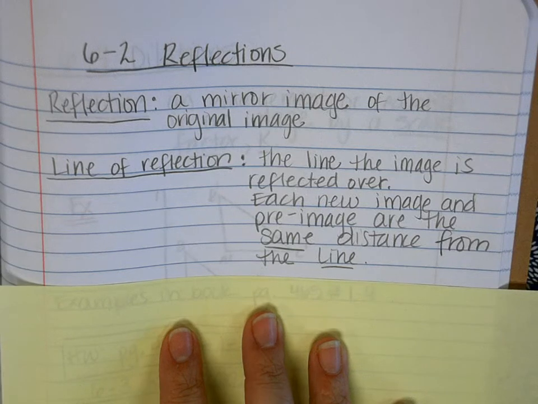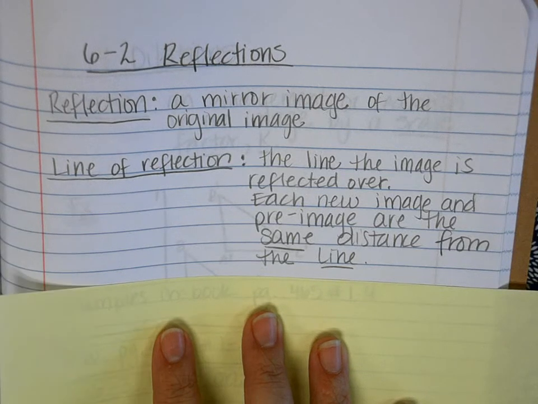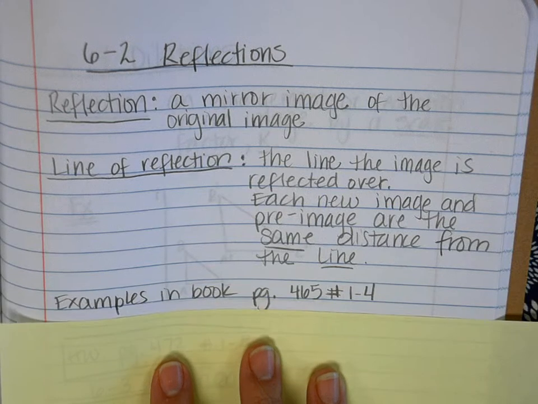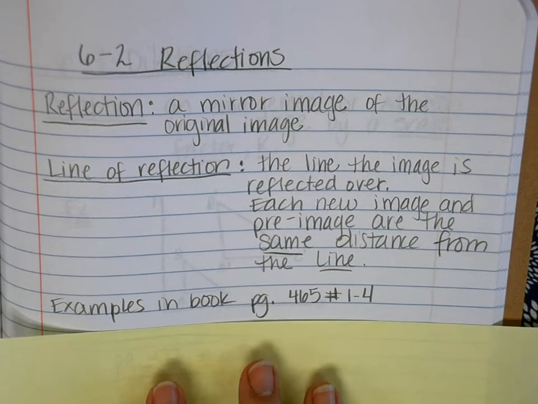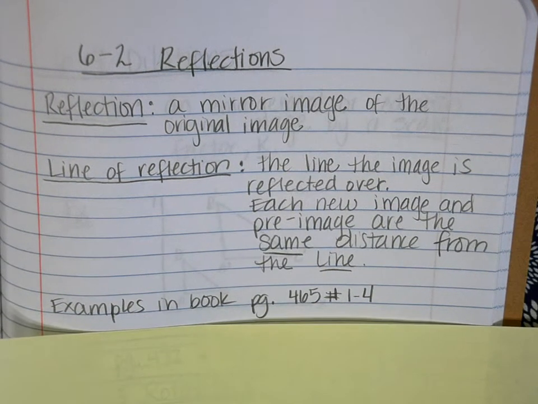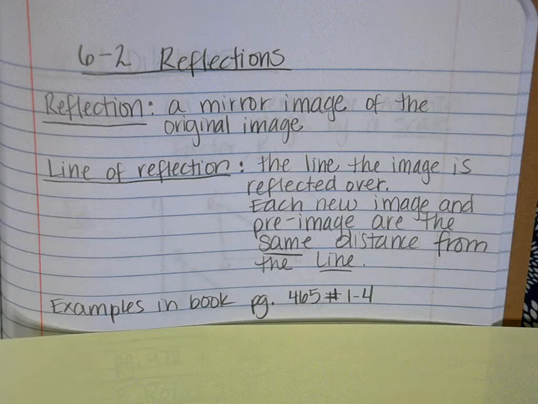Okay, so what we're going to do, just like we did the other day, is just do examples in the book. So you don't have to draw anything in your notebooks. The examples in the book are on page 465. I said you could cut pieces of your book out and glue them into your notebook if you want, because you could glue them on the other side.